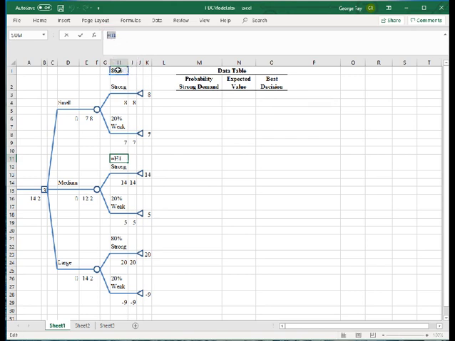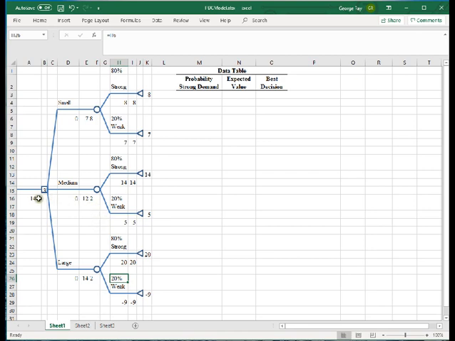Whenever we change the probability up top, right now it's 80%, that'll change the weak demands in all of our decision branches, and it'll also change the strong demands as well. Here we see the weak demand is going to be equal to H6, referring back to this one, which in turn is 1 minus H1. Same thing down here. So this is how we get the different probabilities applied to each one of our decision branches.